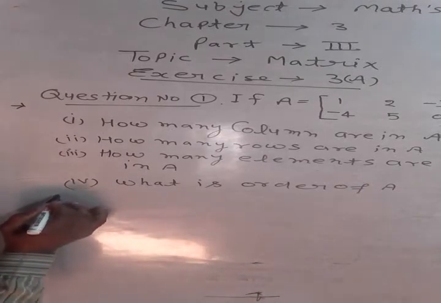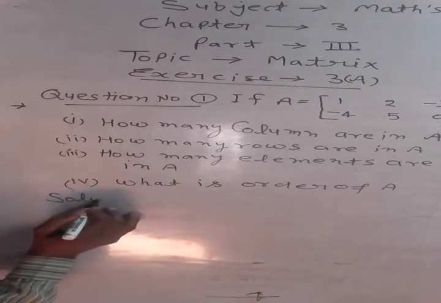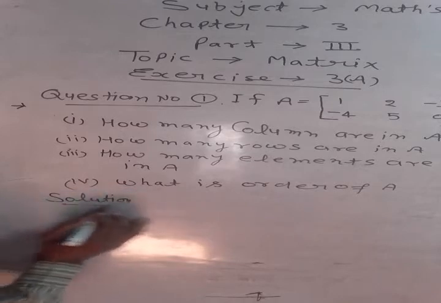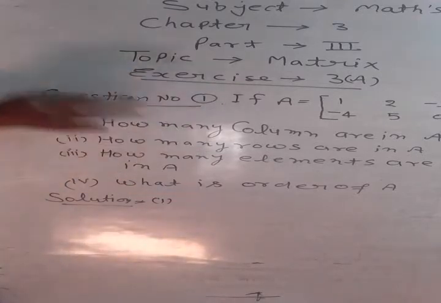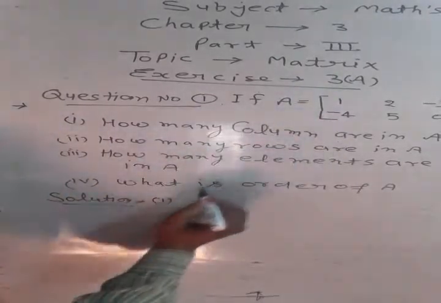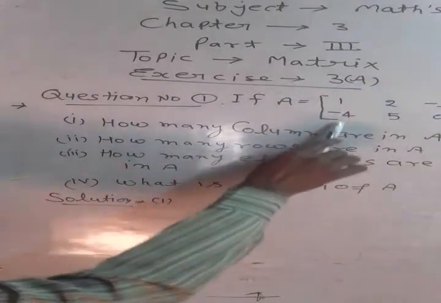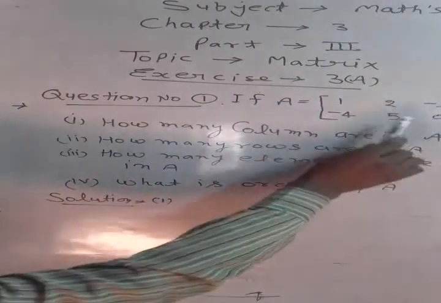Solution. First, how many columns are in A? Then 1 2 3 are C1 C2 C3.